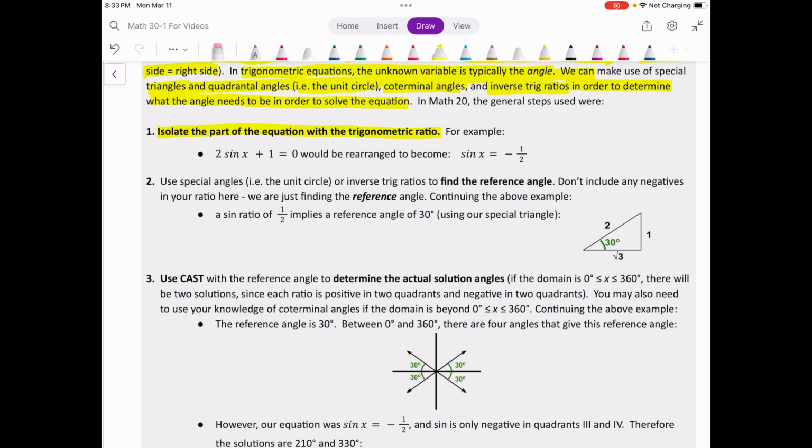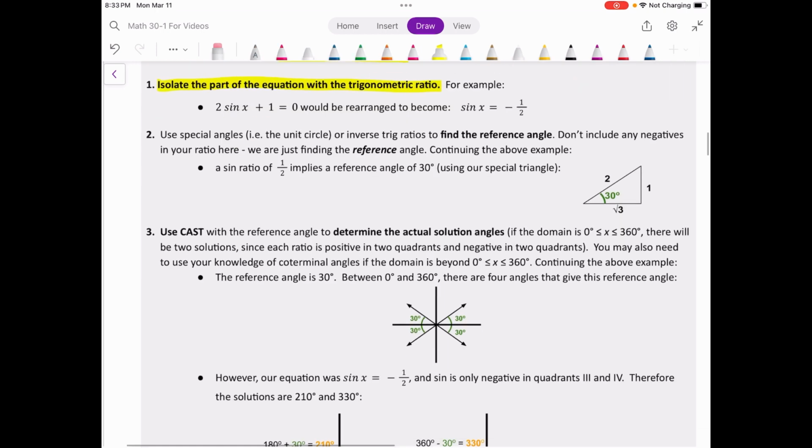But if we isolate the trig ratio, subtract 1 from both sides and divide both sides by 2, we'd see that sine of x is equal to negative 1 over 2. Whatever this angle is, its sine ratio needs to be negative 1 over 2 in order to solve that equation.